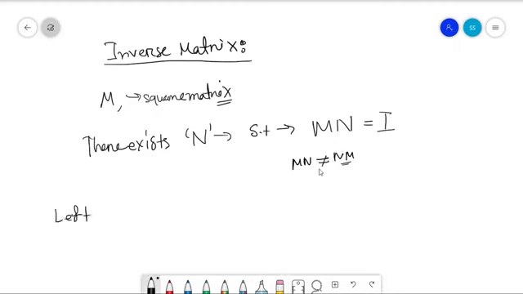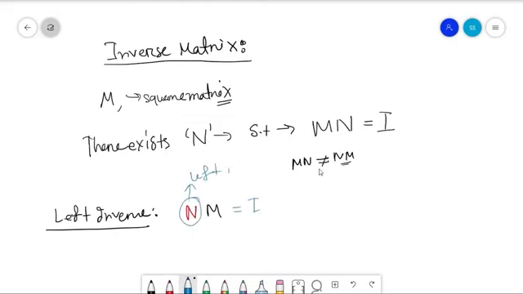Left inverse. So our matrix is M, and if we have some matrix N such that if it's multiplied from the left to M, this will give us the identity matrix. So this N is called the left inverse of M. Then similarly we can define the right inverse.